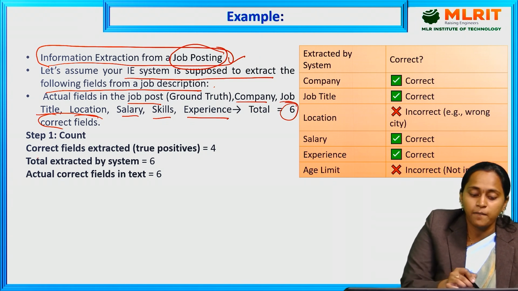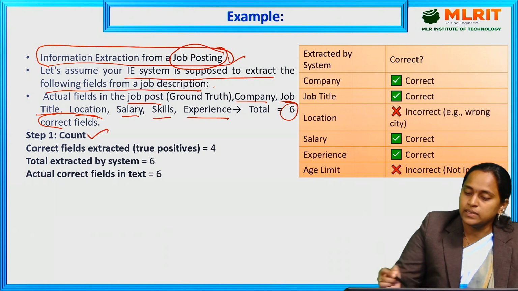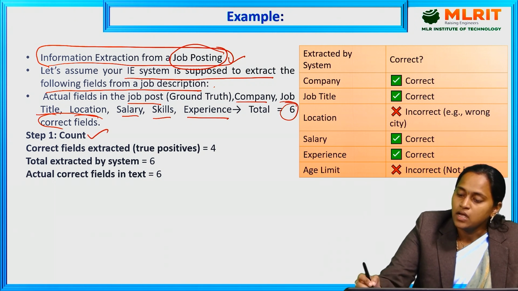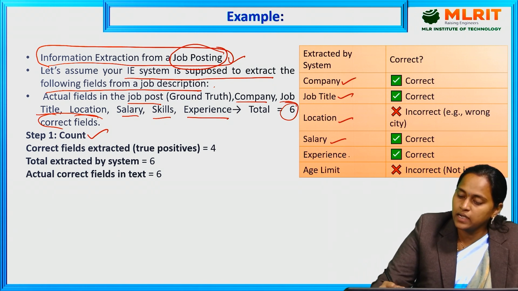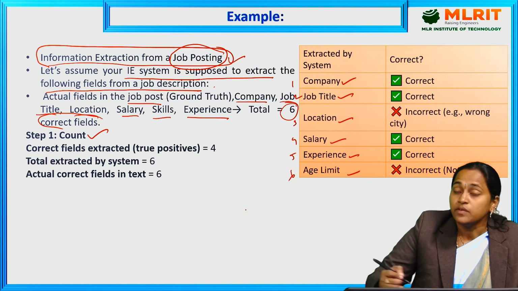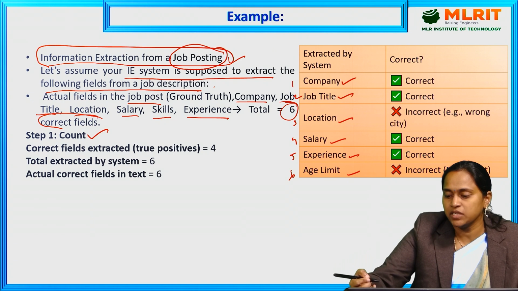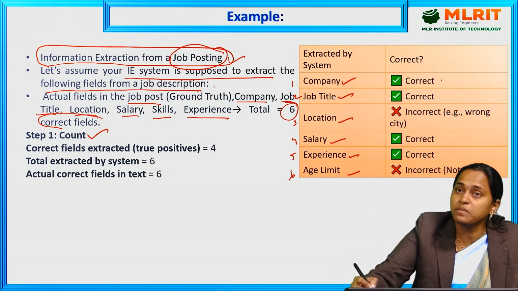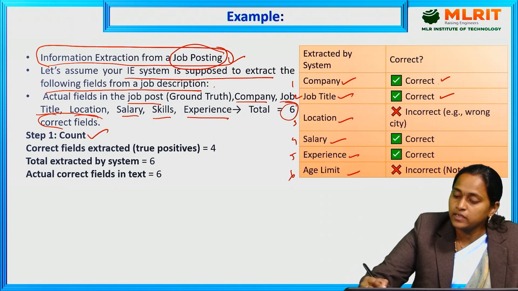First, count the fields. See what information will be extracted from the system in this table: company name, job title, location, salary, experience, age limit. That is 1, 2, 3, 4, 5, 6, so 6 fields. Suppose the company name is correct and the job title is correct, but the location is wrong.